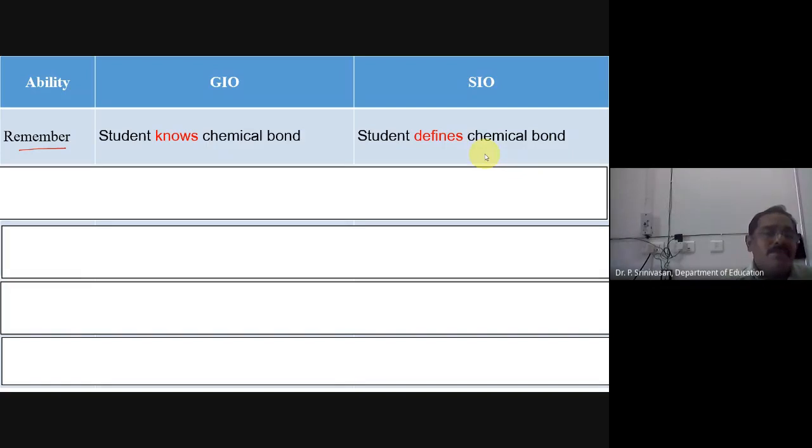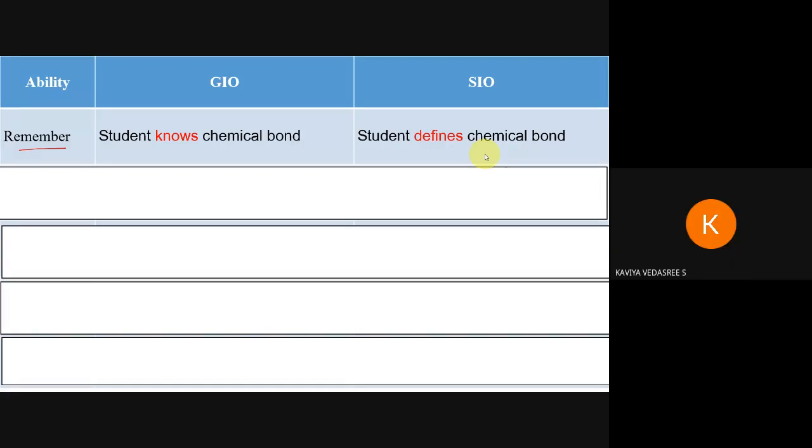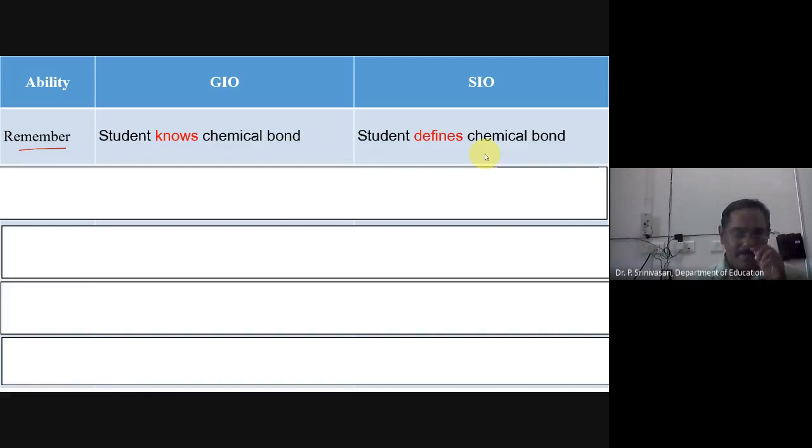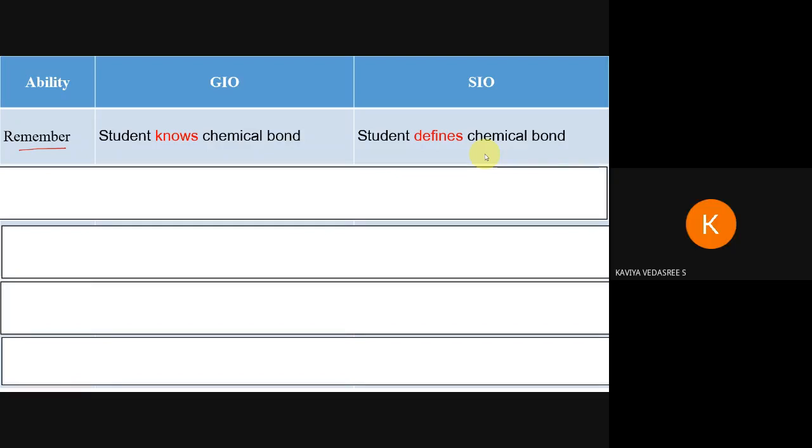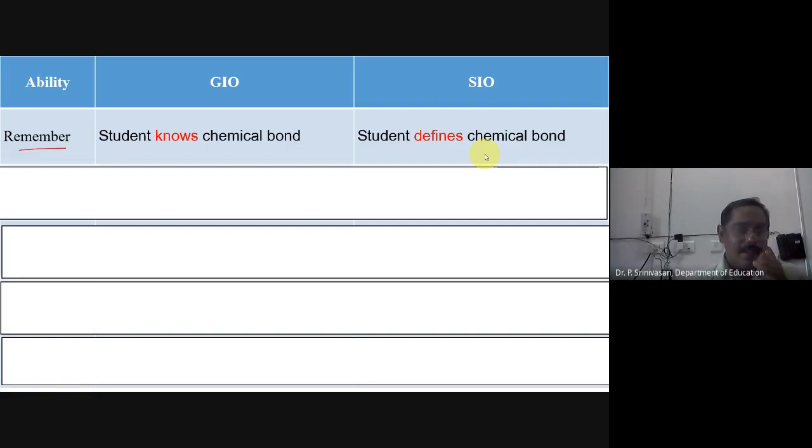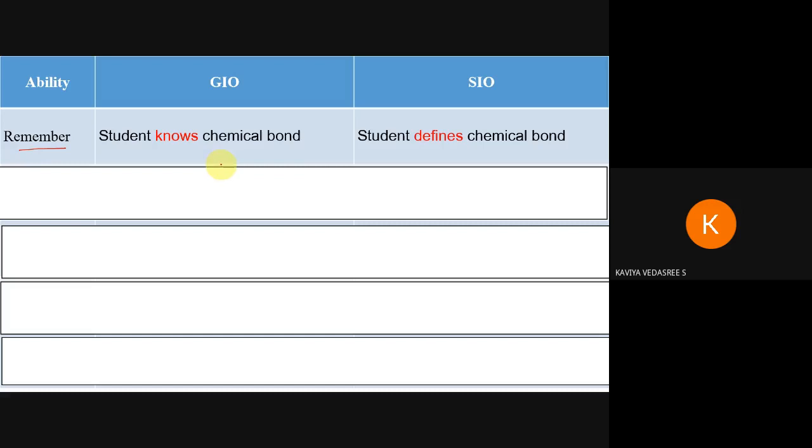So where is the difference? Kavya, where is the difference? Tell me. Sir, the student is able to say the definition.